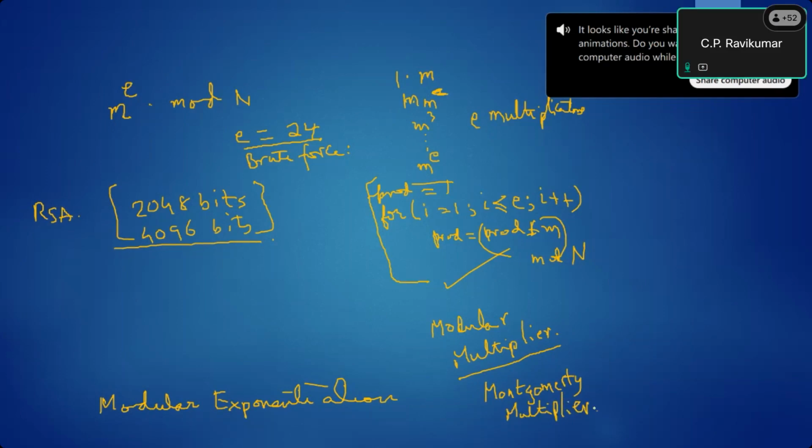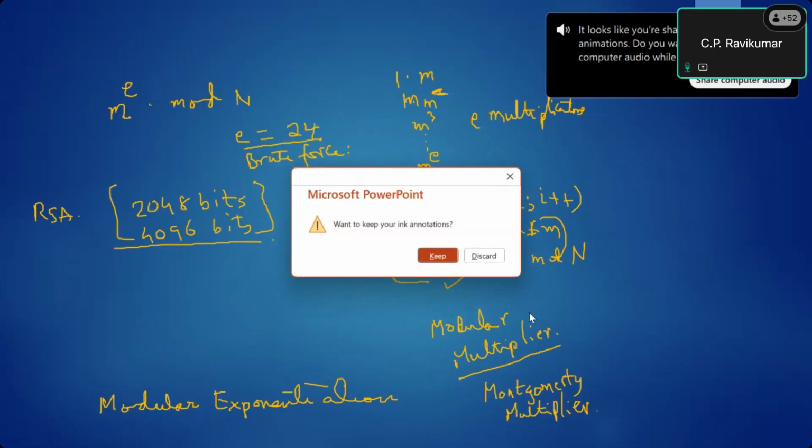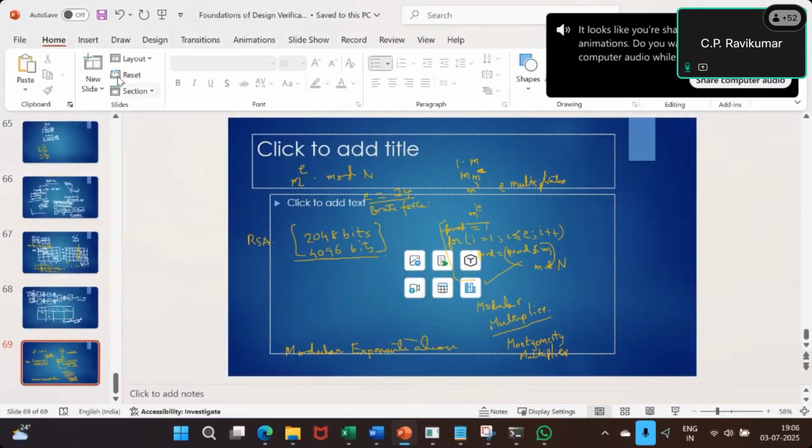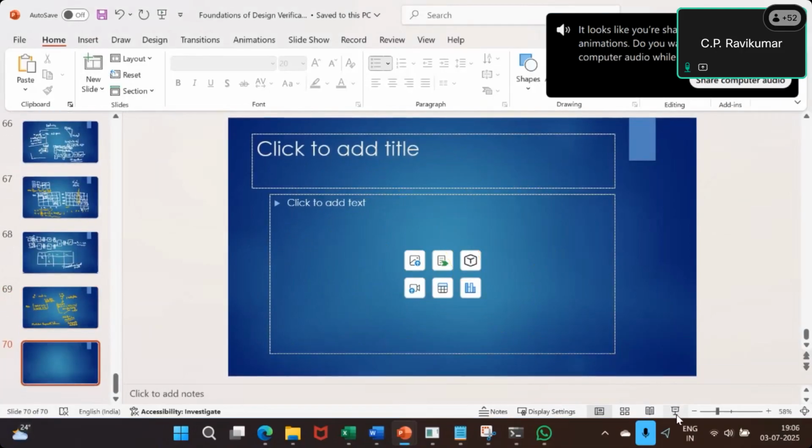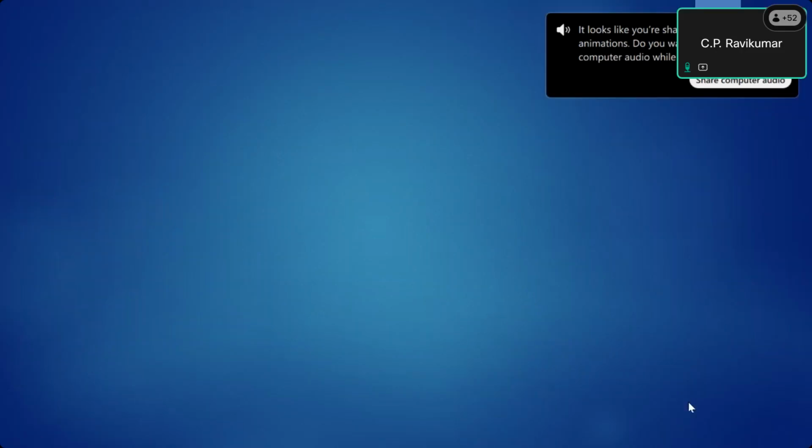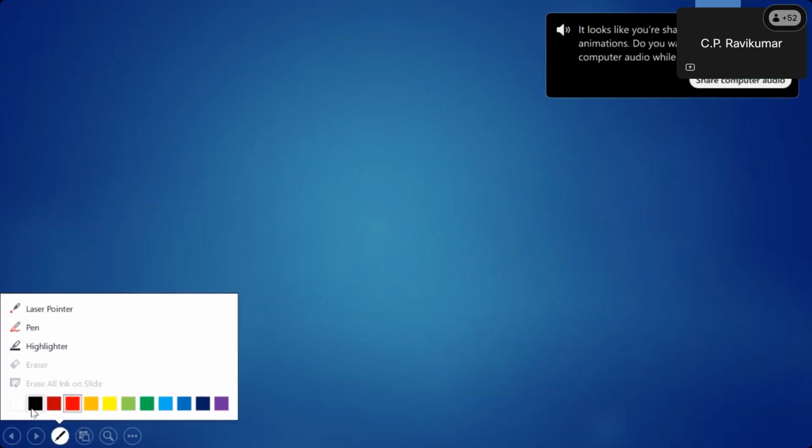If you want to do it the brute force way, then one Montgomery multiplier will be required. We'll give prod as one of the inputs, m as the other input, and n as the third input.